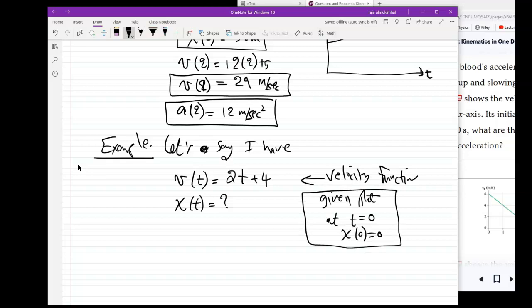What that means is that initially, at t equals 0, the object was located right there at the origin. That's the meaning of it. Why do I need this piece of information? I'll tell you in a second. So I am given the velocity function right here, and I'm asked for the position function, this one.